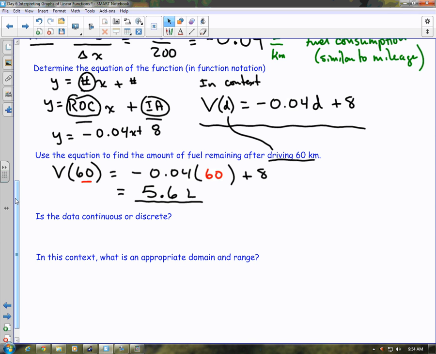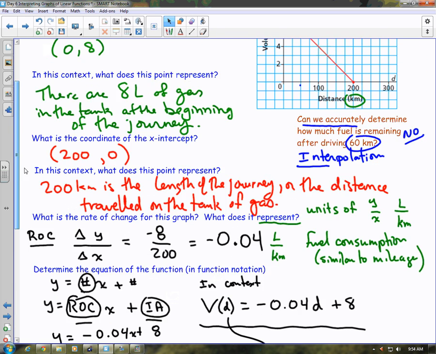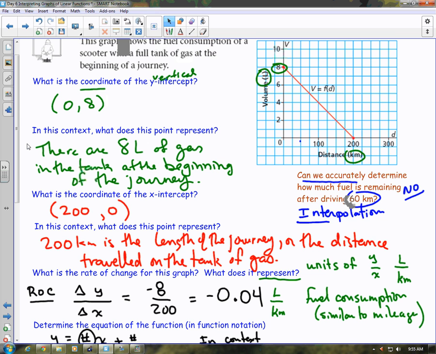Number 1, is the data continuous or discrete? Remembering what it represents. So I'm going to go back up to the graph and look. Well, what are we talking about here? Distance on the bottom, volume on the left-hand side. Is distance continuous or discrete?